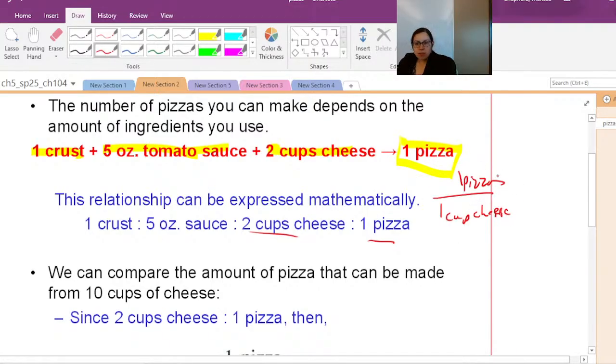But then, right, unit converting is not going away. You're still going to have to do ratios. So same thing, right? We can set up a ratio where, okay, we have 2 cups of cheese. And for every 2 cups of cheese, I need 5 ounces of sauce. So again, you're just using your balanced equation to get your ratio and conversion factors.